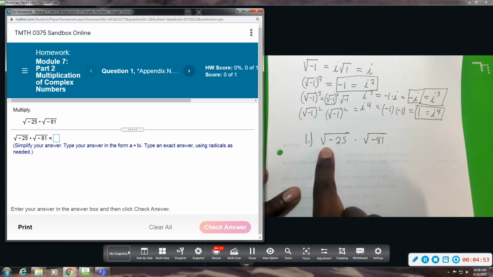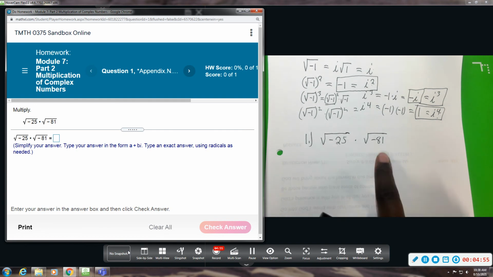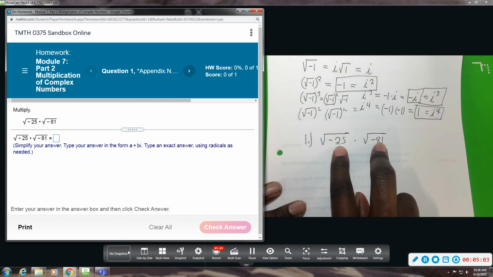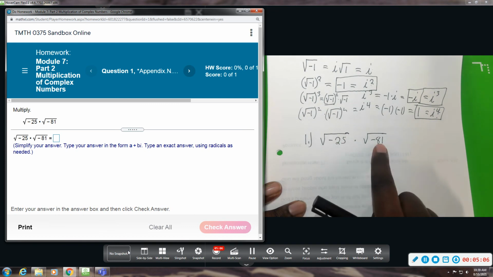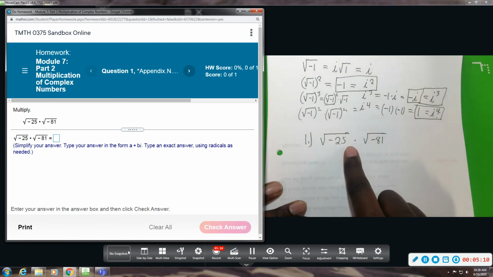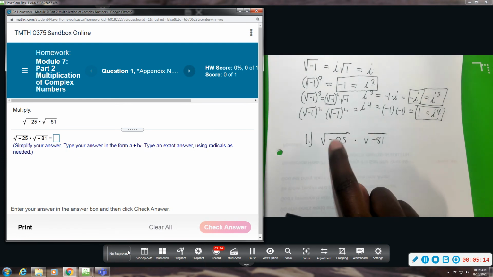You want to treat these square root symbols as grouping symbols, kind of like parentheses or brackets or something of that nature. You cannot simply multiply first. If you did, you would get rid of the negatives, because a negative times a negative is a positive, and you won't even know that you had a complex number here. So we can't just multiply first. You have to treat this as a grouping symbol.